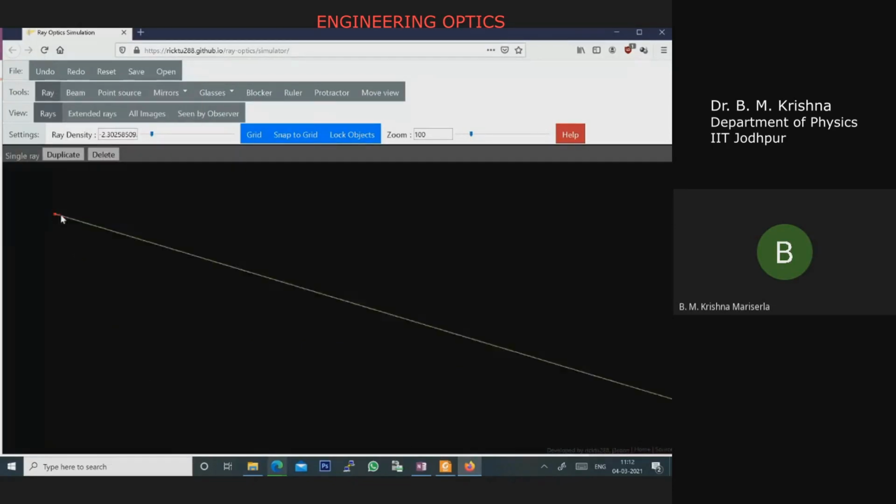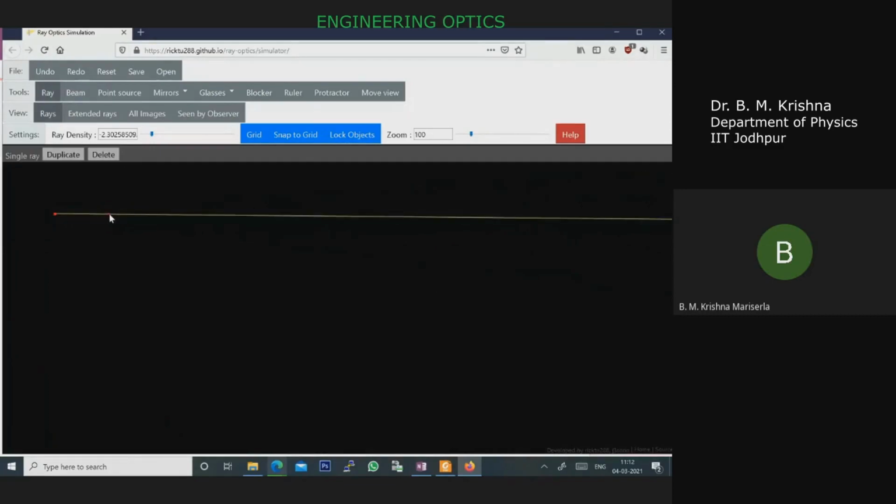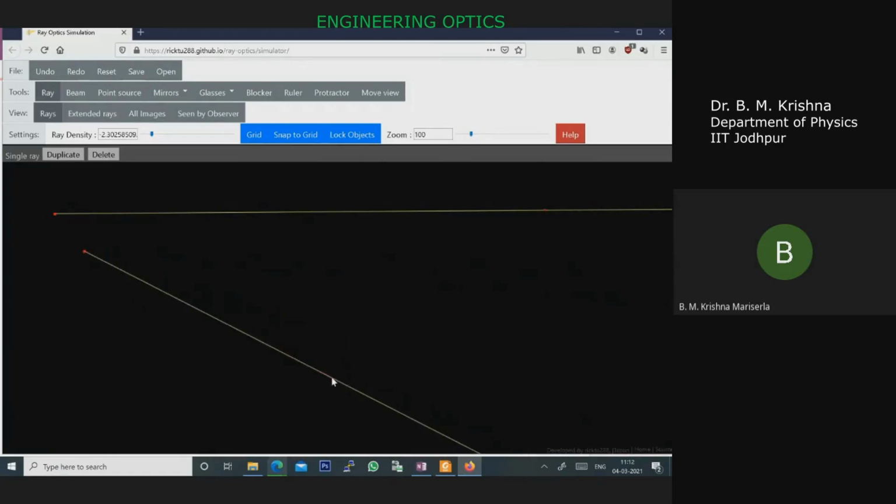This is the source, it's emitting the light. Now you see, whichever point you take, it takes the straightest path. For example, I will take a ray to go to this point, it goes in this direction. So it takes the minimal time, the shortest time it can take.